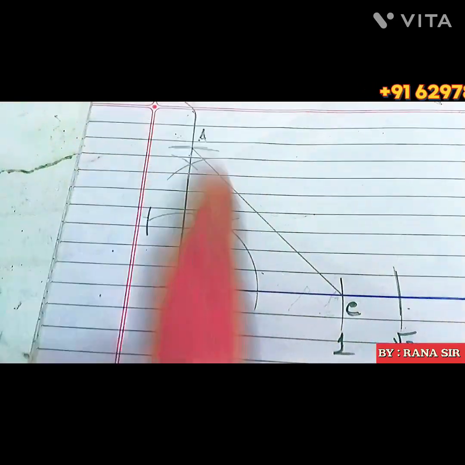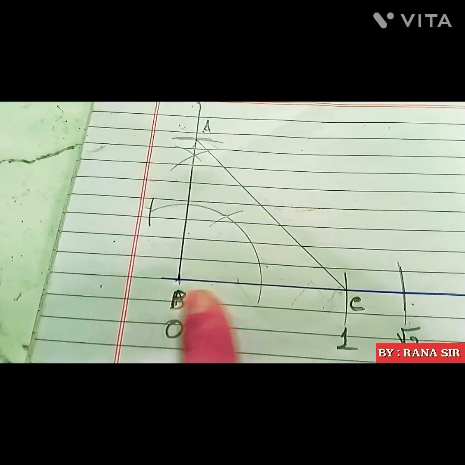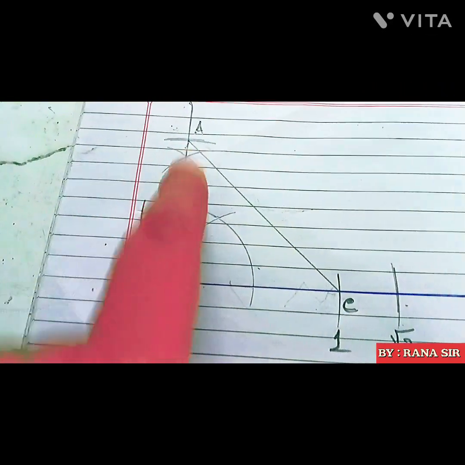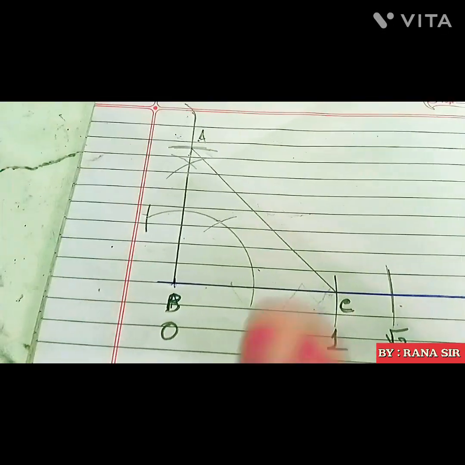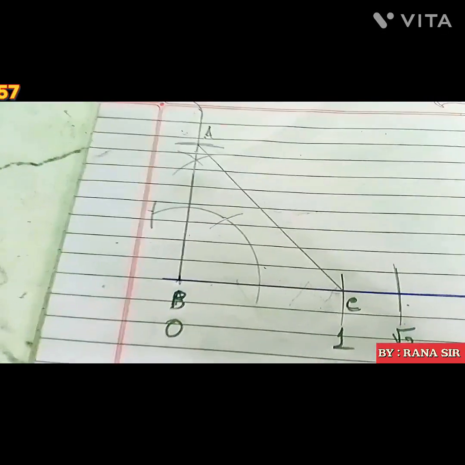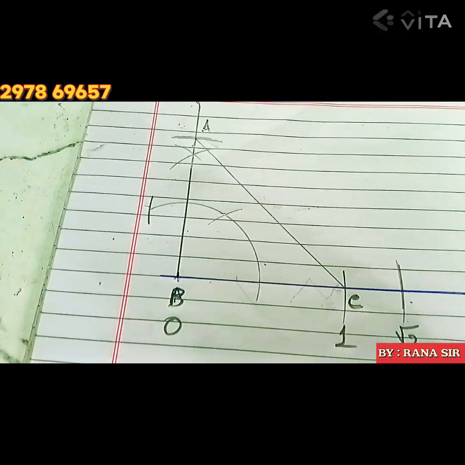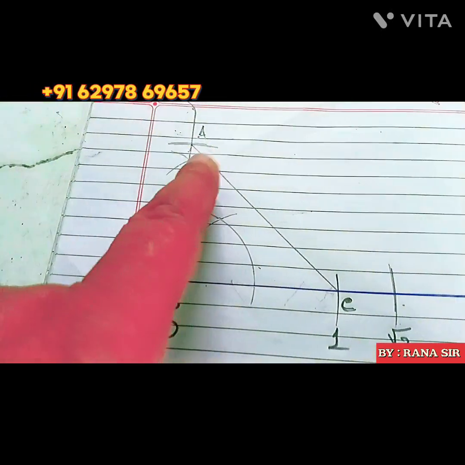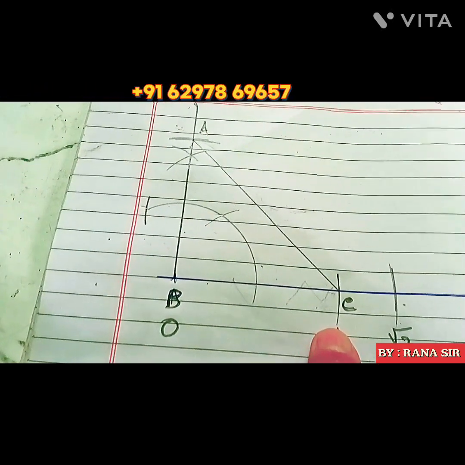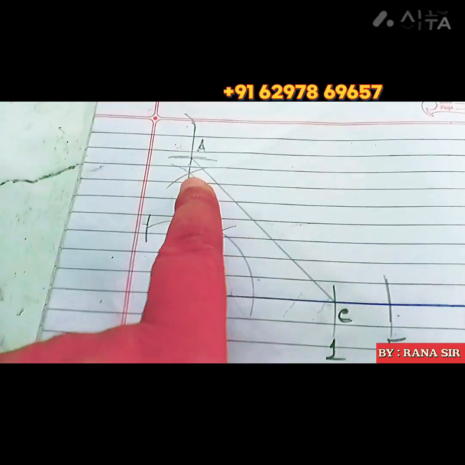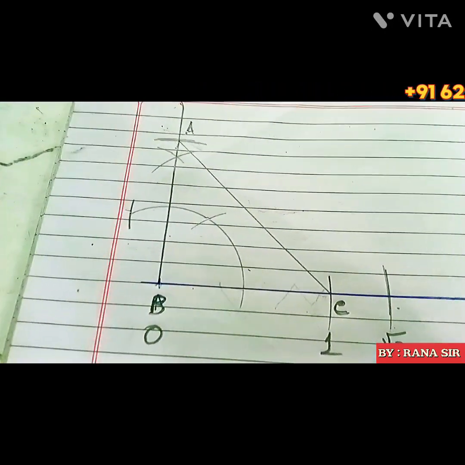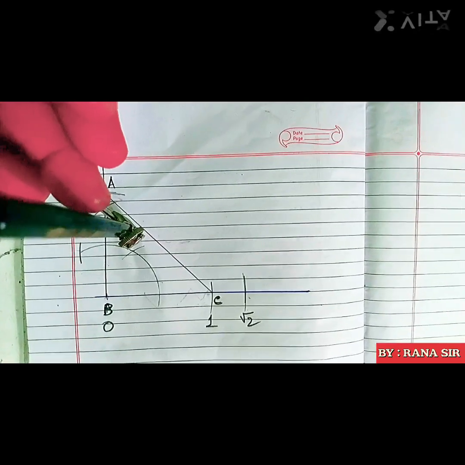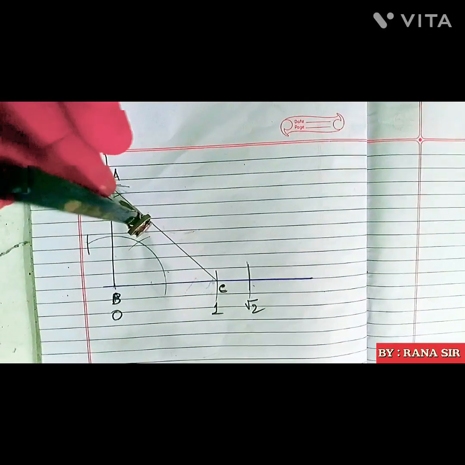Then without disturbing, I've extended the line and taken the 1 unit and cut. So AB is my 1 unit, that is my altitude, and AC is my root 2. So now this AC is my base, and I'll be constructing 90 degrees at point A. Let's do it.